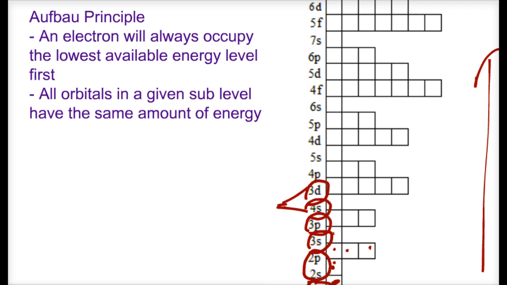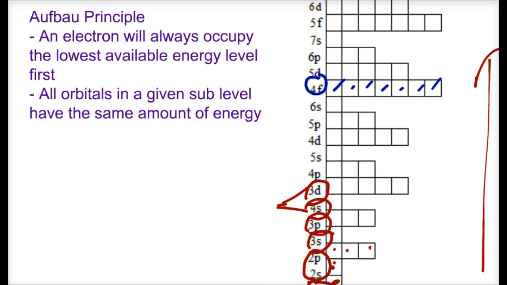Also, all orbitals in a given sublevel have the same amount of energy. That means, if we're talking about the orbitals in 4f, for instance, every one of these orbitals has exactly the same amount of energy. None of them has more energy than the other.